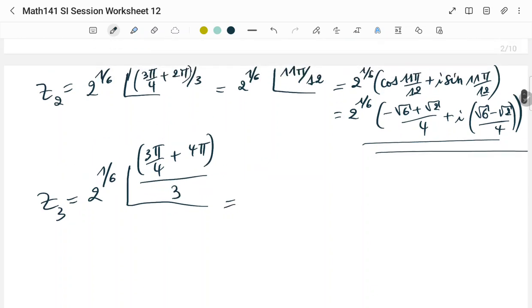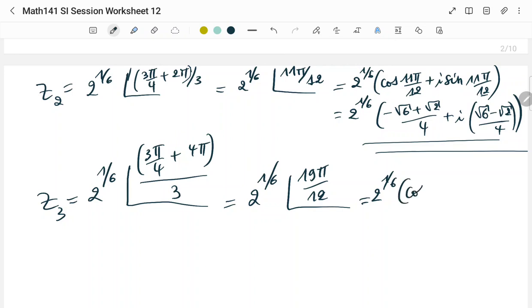This is equal to 2 to the 1 over 6, with the angle being 19 pi over 12, which is just equivalent to 2 to the 1 over 6 multiplied into cos of 19 pi over 12 plus i sine of 19 pi over 12. And that's the third root.